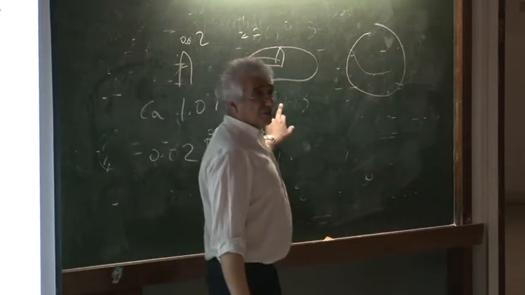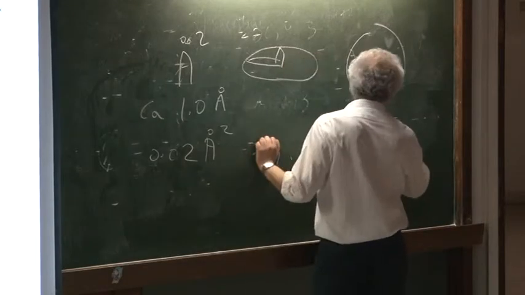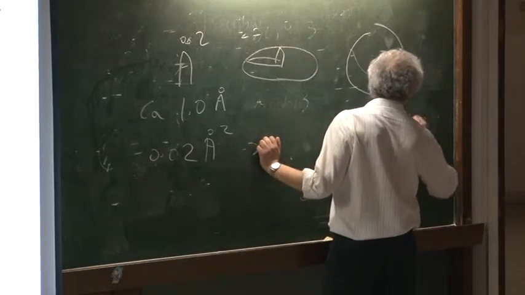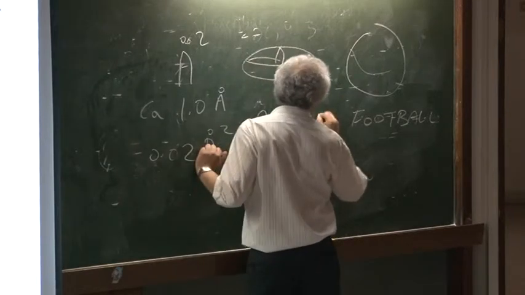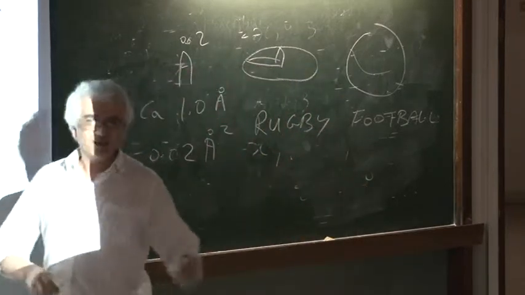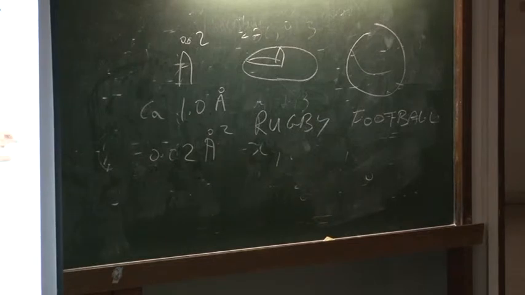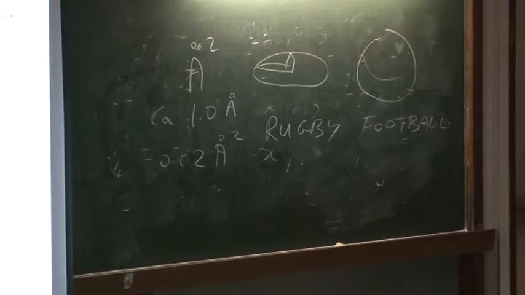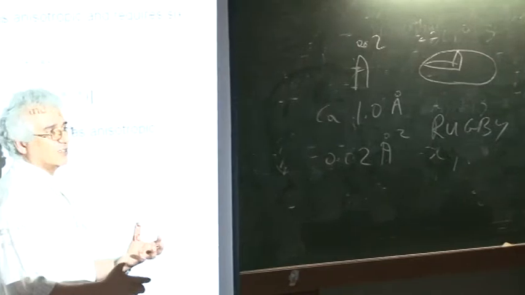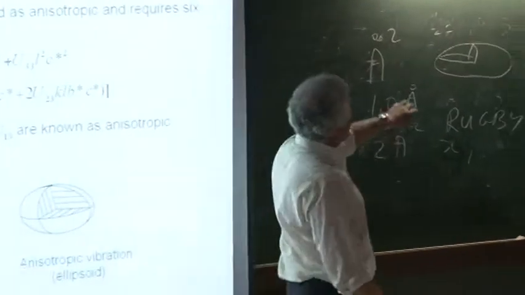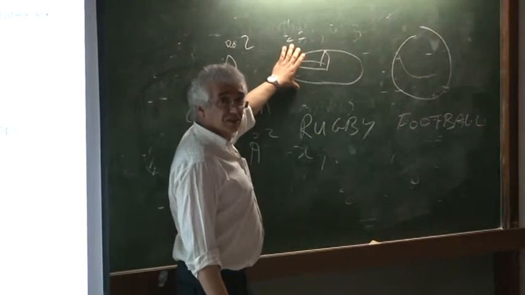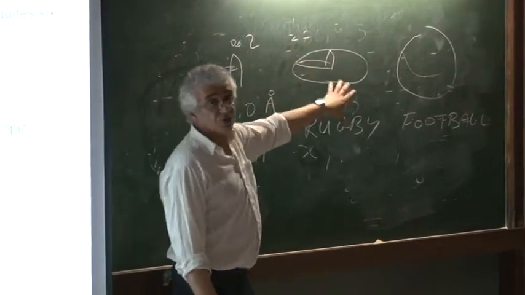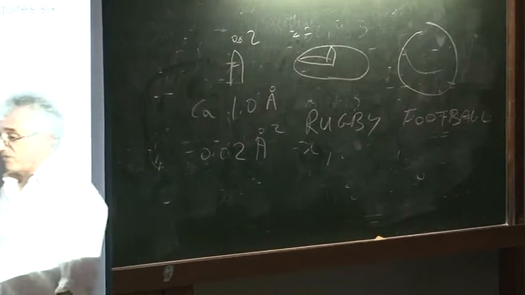So this is football, and this one is rugby. That's the easy way to remember it. They're describing the same thing, how much the atom vibrates. This is a much more realistic description, but you have to have more data to do it, which is why you can do it in single crystal, not powders, very easily.